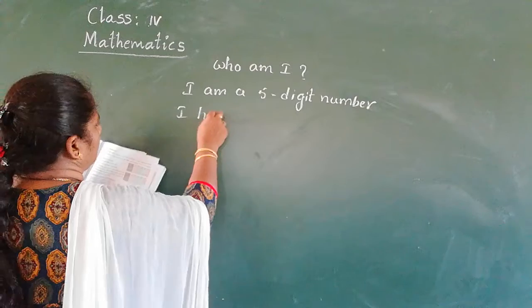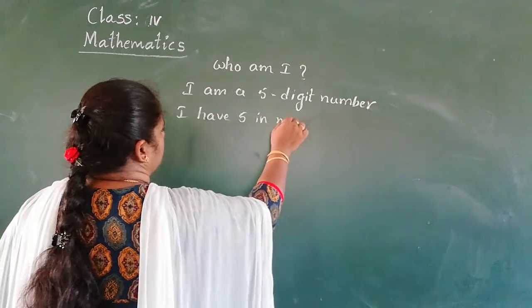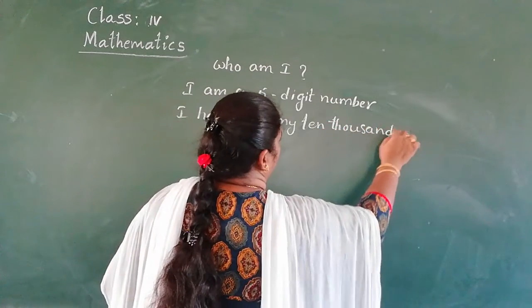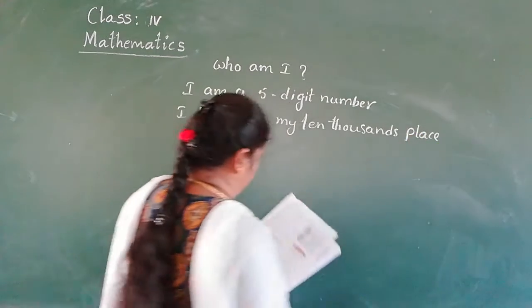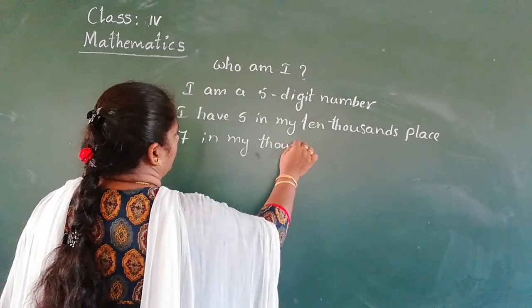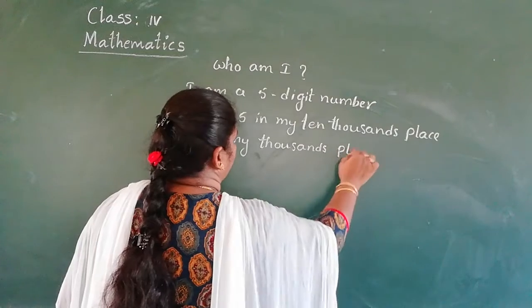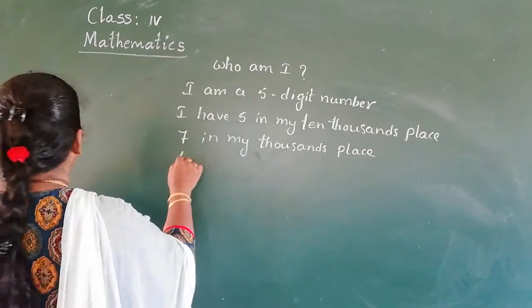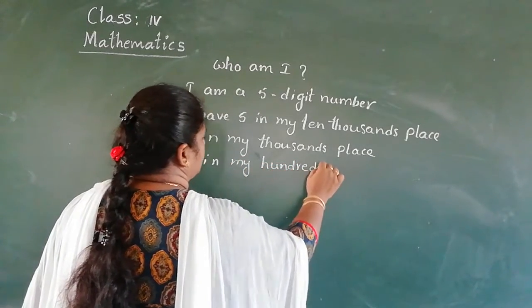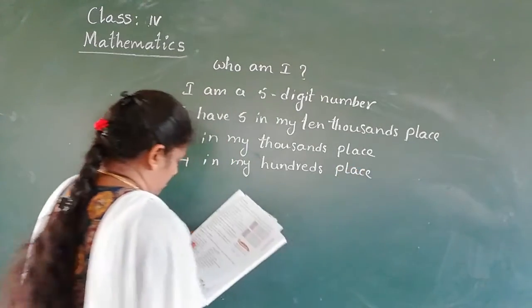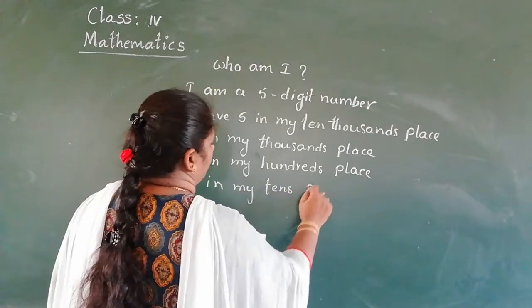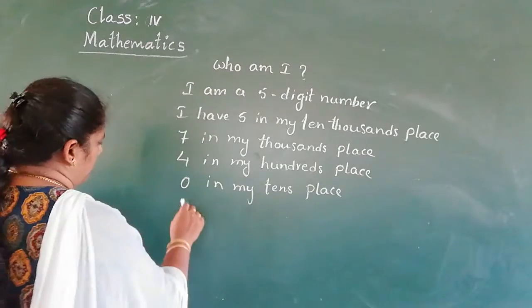I have 5 in my 10,000s place, 7 in my thousands place, 4 in my hundreds place, 0 in my tens place, 3 in my ones place.